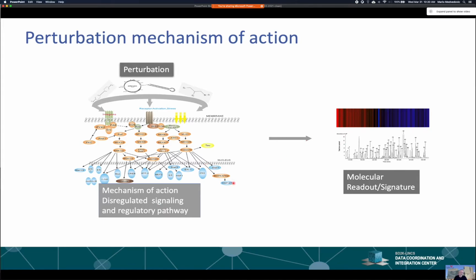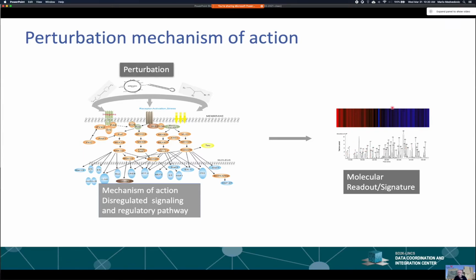And we get a readout of the state after the perturbation by measuring, say, gene expression levels in this heat map, which is the traditional way to do this, or protein expression levels.